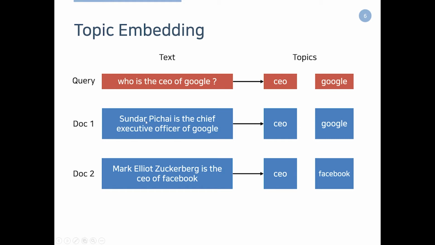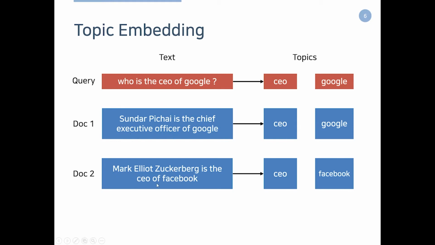As you know, document 1 has the answer and document 2 has not, but in the word level matching score, document 1 doesn't have the exact match word CEO, it just says chief executive officer instead.